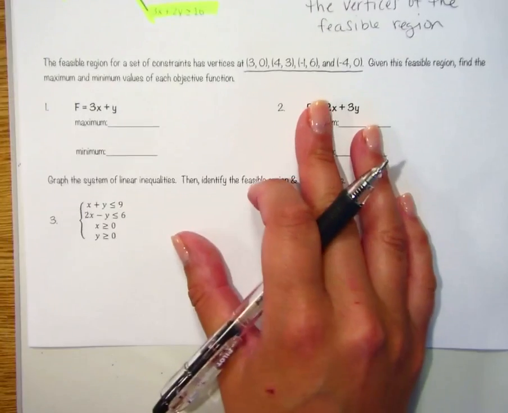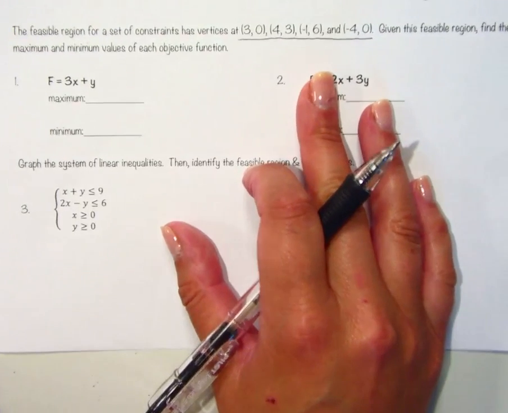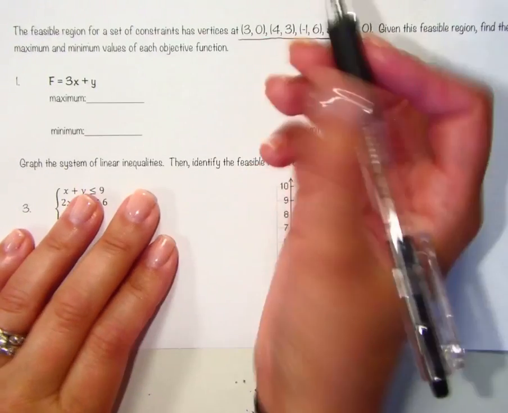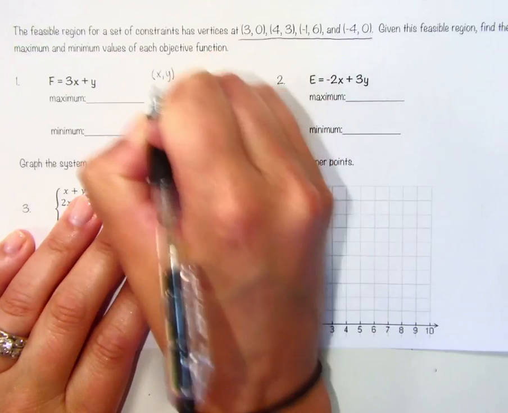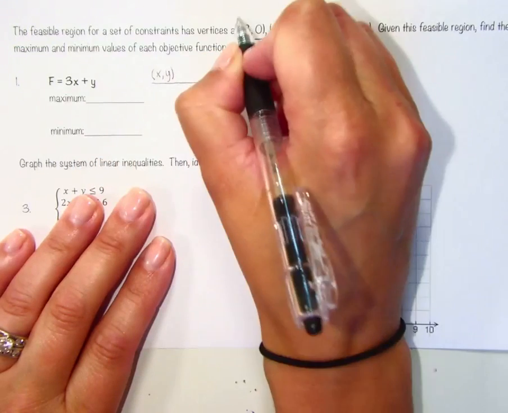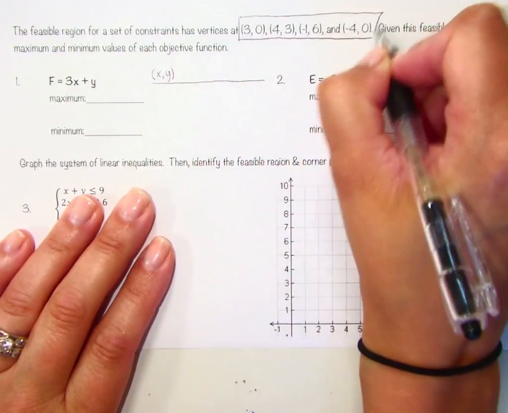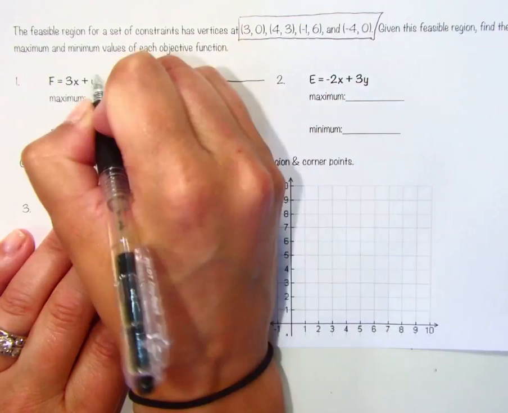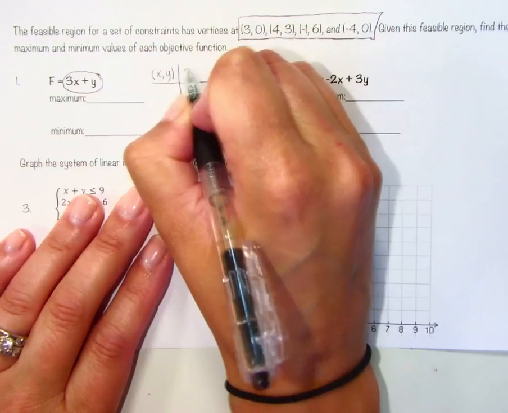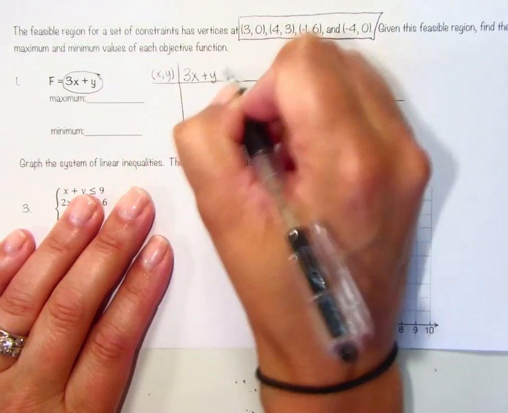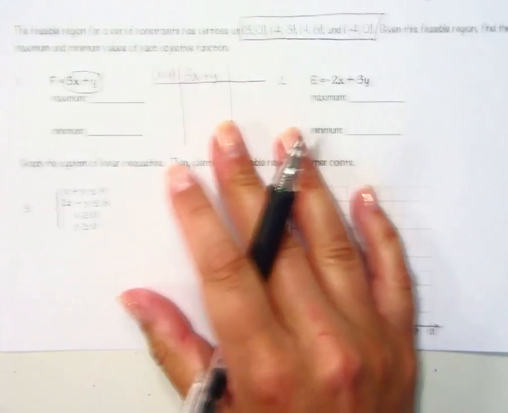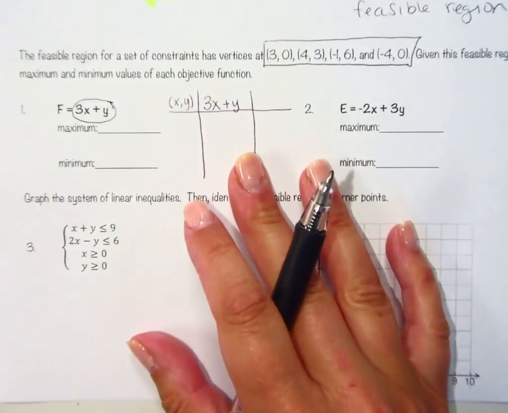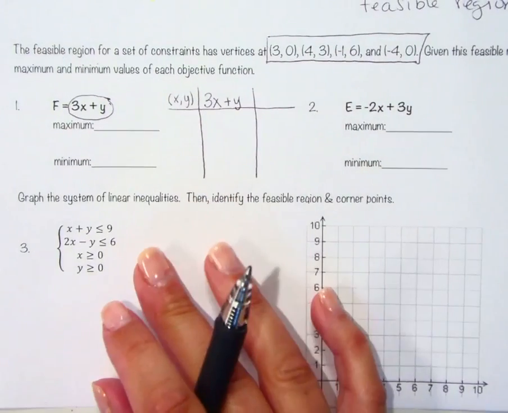The way that I typically have you do this is with a little chart. In our chart we have each ordered pair, and those are the corner points that we are given. We take the expression from our objective function, and the last column is where we put our final value.